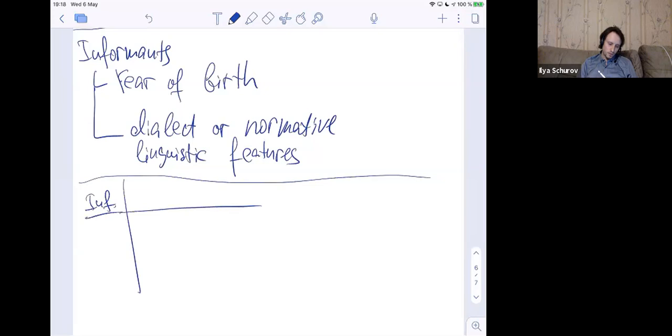Now let us consider just one linguistic feature. Every time we see this linguistic feature, we add a row to this table. And we have year of birth.